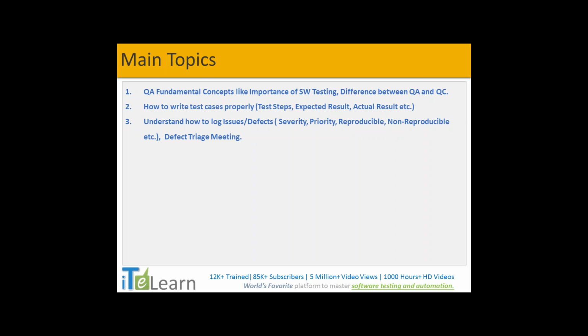So then you will be able to decide whether it is a defect or not, and then you will prioritize it. You will be able to assign a severity to it, like whether it is a critical defect or a medium defect or a low severity defect. So you need to understand the definitions of it. What are those severities, priorities, and which one you can call a reproducible one, which one is a non-reproducible one. All those things we'll be learning.